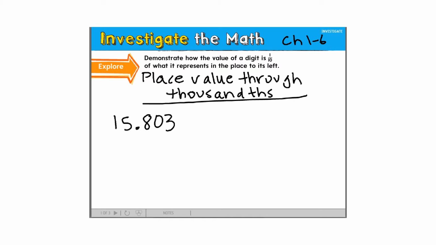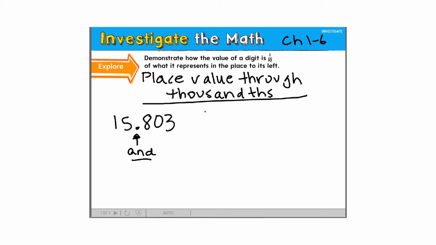Do you have a question? Okay, so here's how I would write this number. I would say it as 15 and 803 thousandths. So when you see the decimal point, you say the word and. So I'm going to draw an arrow, and I'm going to write the word and to my decimal point, just so that you don't forget that when you see the decimal, you say the word and, or you write the word and.